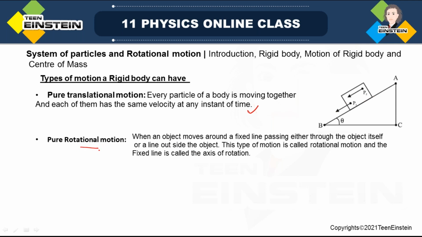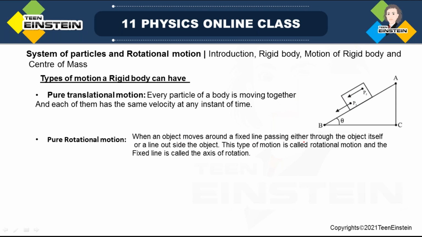When we talk about pure rotational motion, obviously we have to fix the object somewhere, such that it does not translate. It does not change its position. Translation means it goes from one point to another, so for pure rotation, you have to fix the object somewhere.